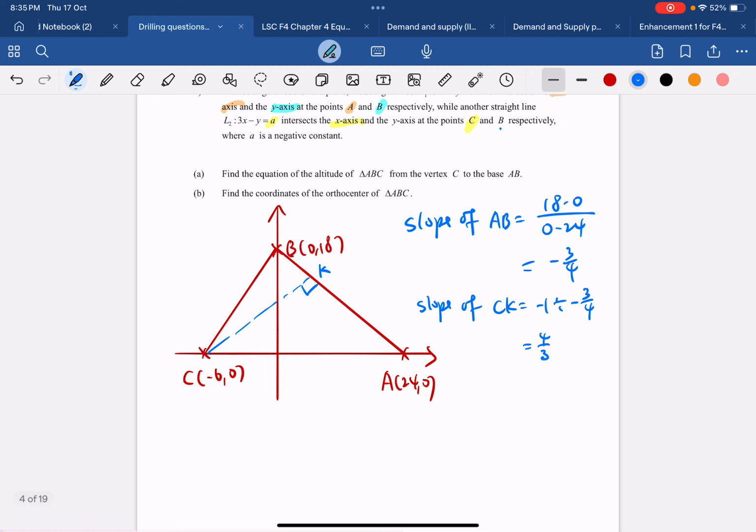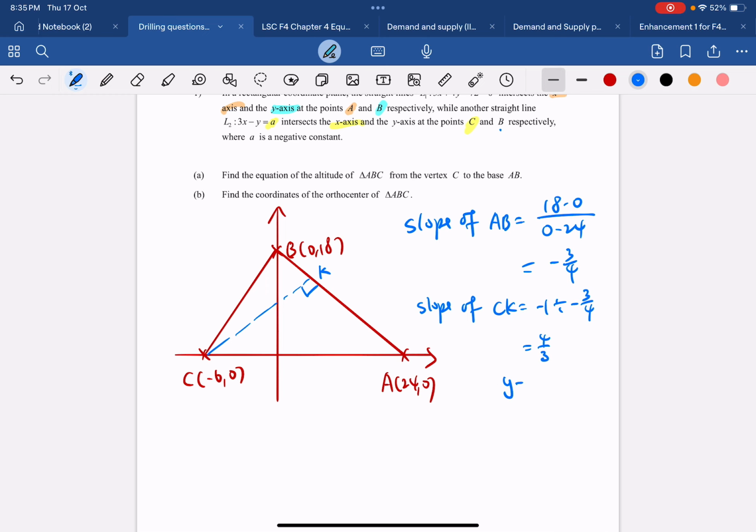So we got the slope, we got the point, the point is C, right? So (y minus 0) over (x plus 6) is 4/3. So continue with your computation. So this would be the answer for part A.